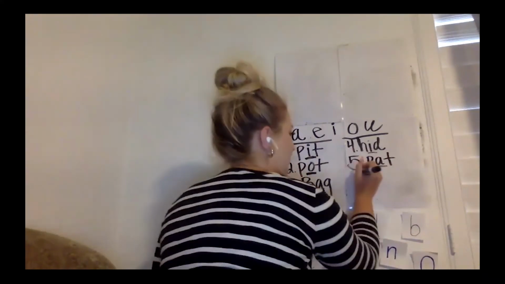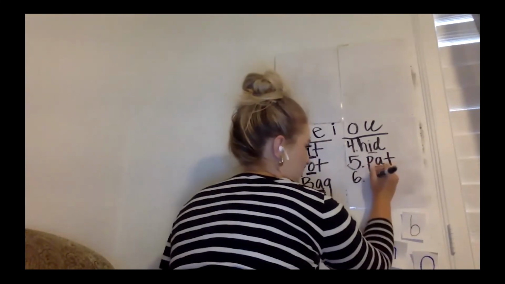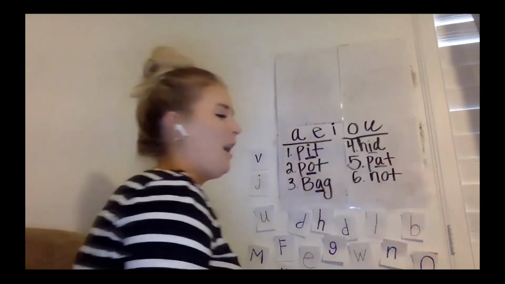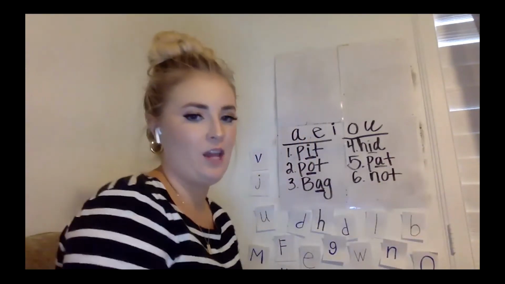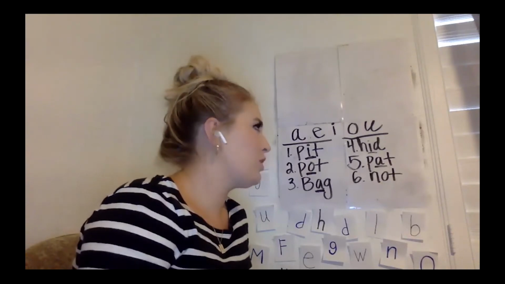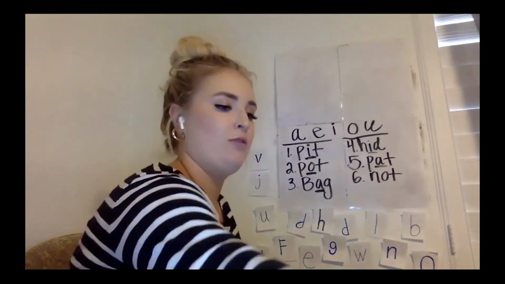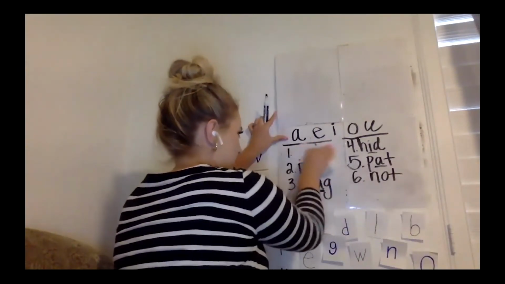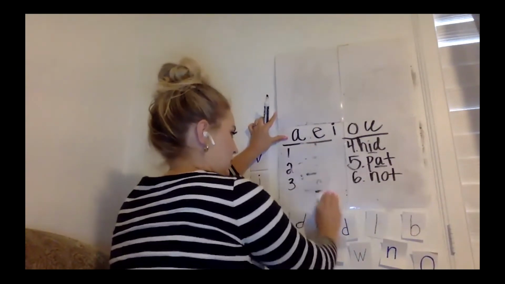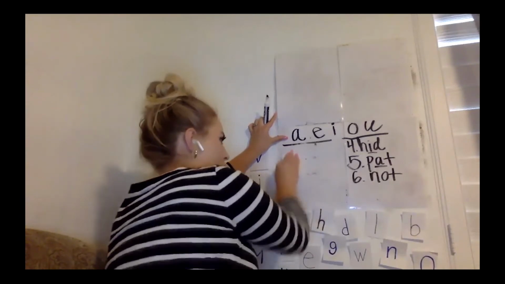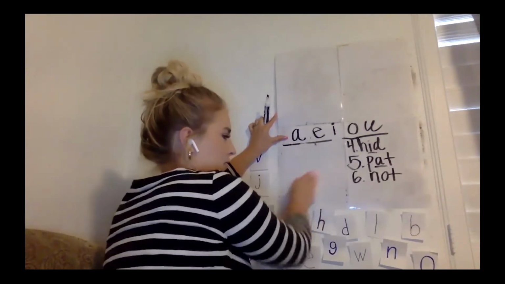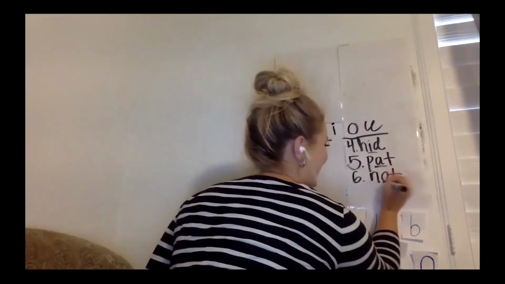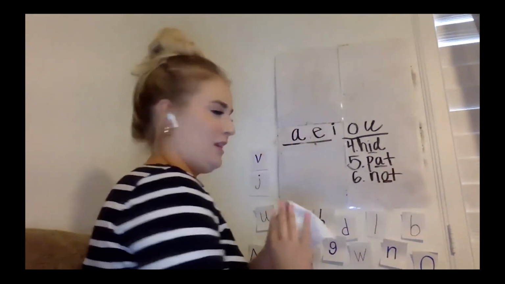Okay, here's our next one. Not. Which is our vowel sound? Try that one a little bit while I erase these ones. Not. It's our O. Very good. Our O is our vowel sound.